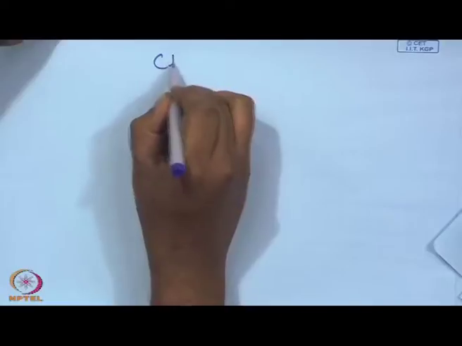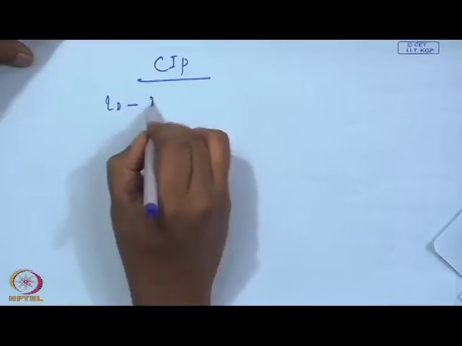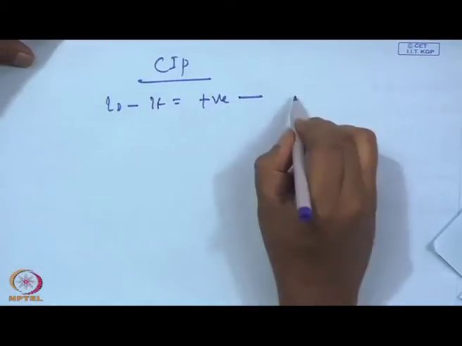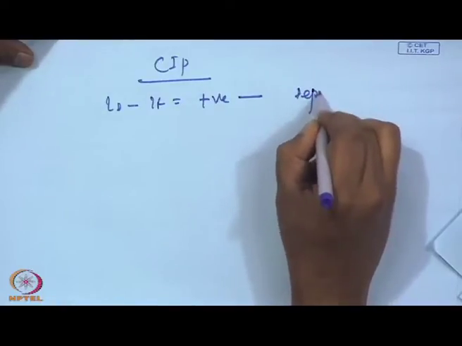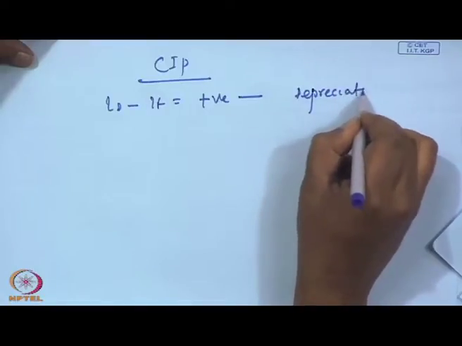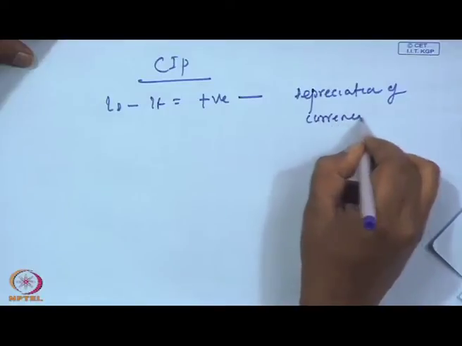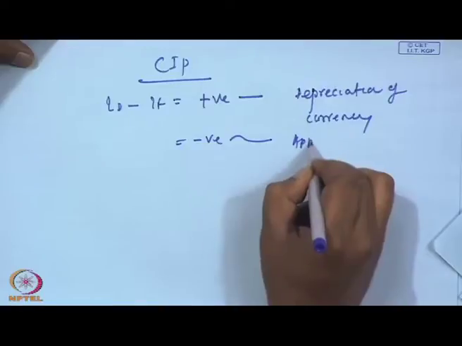In other words, when you discuss the covered interest parity, that is the CIP hypothesis, a positive interest rate differential leads to depreciation of currency, and a negative one leads to appreciation of currency.